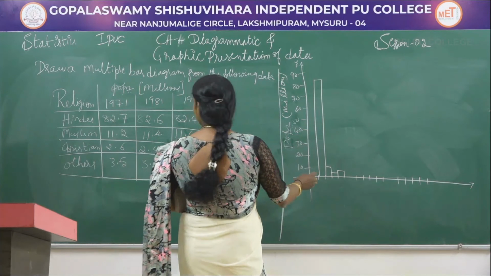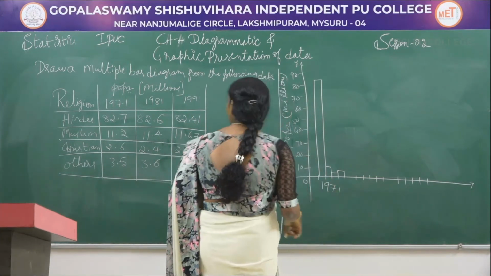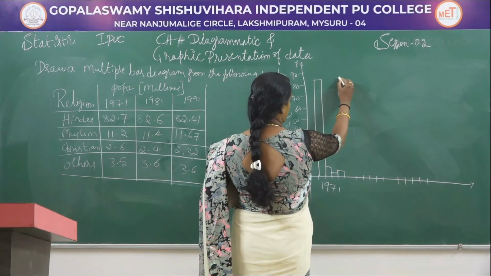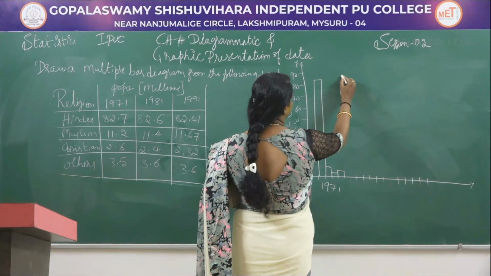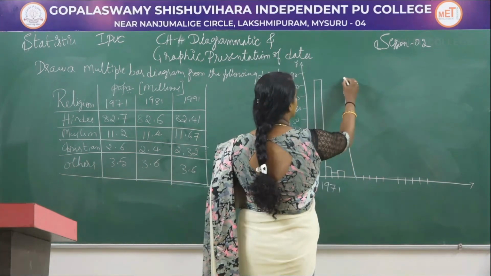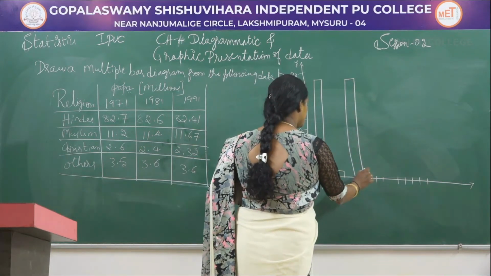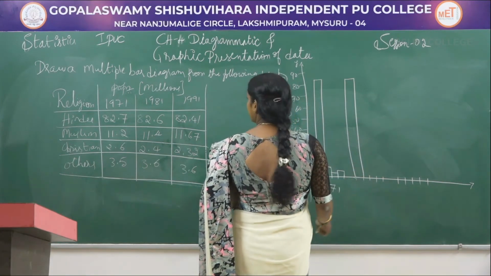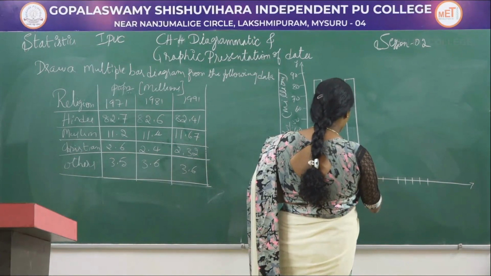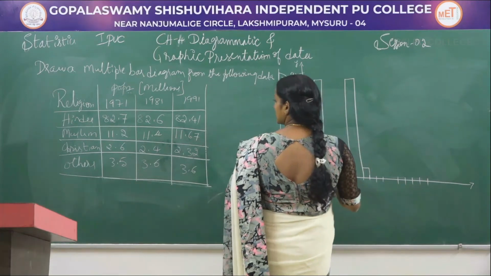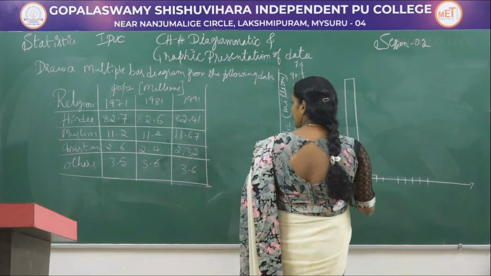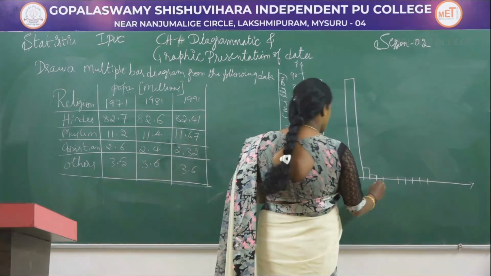This is about 1971, and for 1981 Hindus are 82.6, a little bit lesser than this one. Next, Muslims are 11.4. Next, Christians are 2.4. Others will be 3.6.